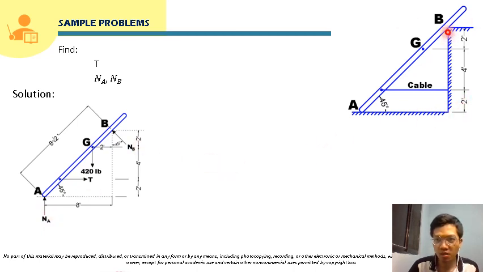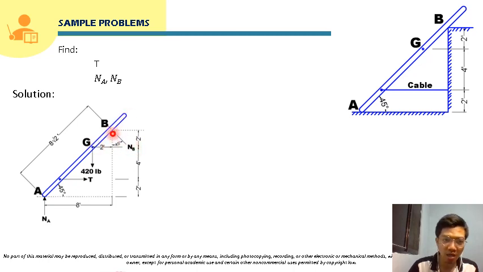Here at point B, the normal reaction will be applied at the point of contact of this surface and the rod. Since the surface here is just a corner, this rod is leaning on this corner, so we will apply our NB perpendicular to the rod, to the inclination of this rod.